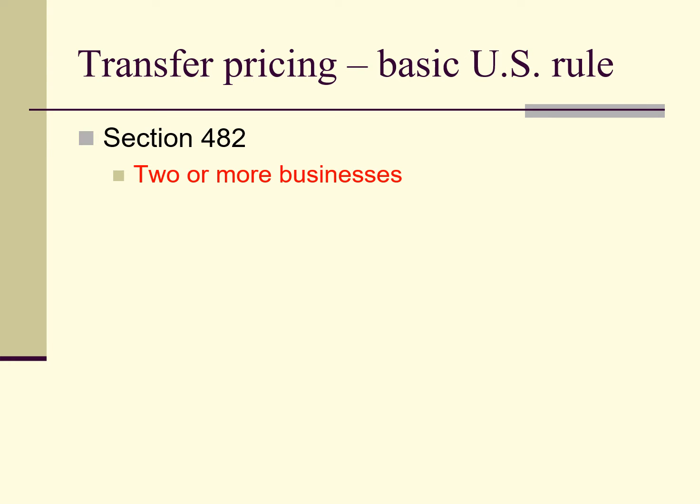In any case of two or more organizations, trades, or businesses, whether or not incorporated, and whether or not organized in the United States, and whether or not affiliated, but which are owned or controlled directly or indirectly by the same interests.